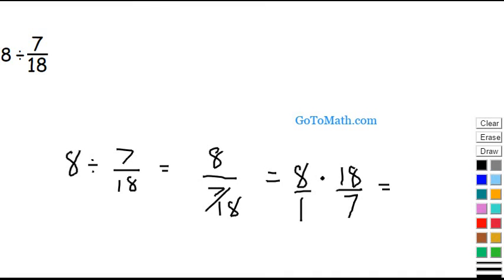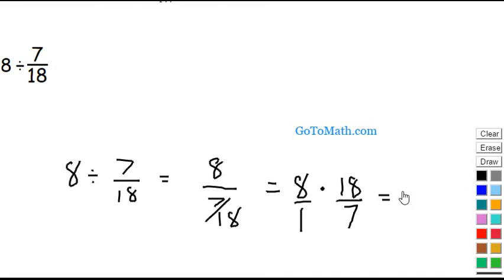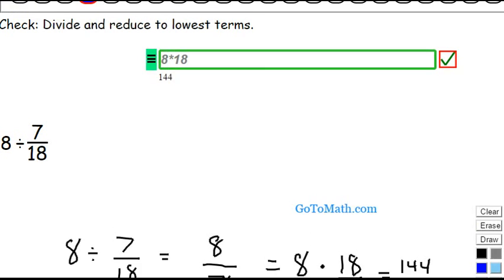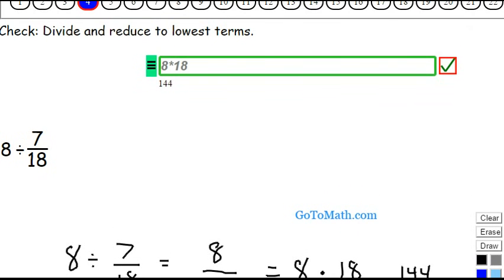Well, anyway, maybe not, but I'm getting 144 over 7. Now of course we want to reduce this down before we actually multiply, but it doesn't look like a number goes into 8 and into 7 also, right? And 18 and 7, so it doesn't look like this can actually be reduced down any. So that's where we're at with that.